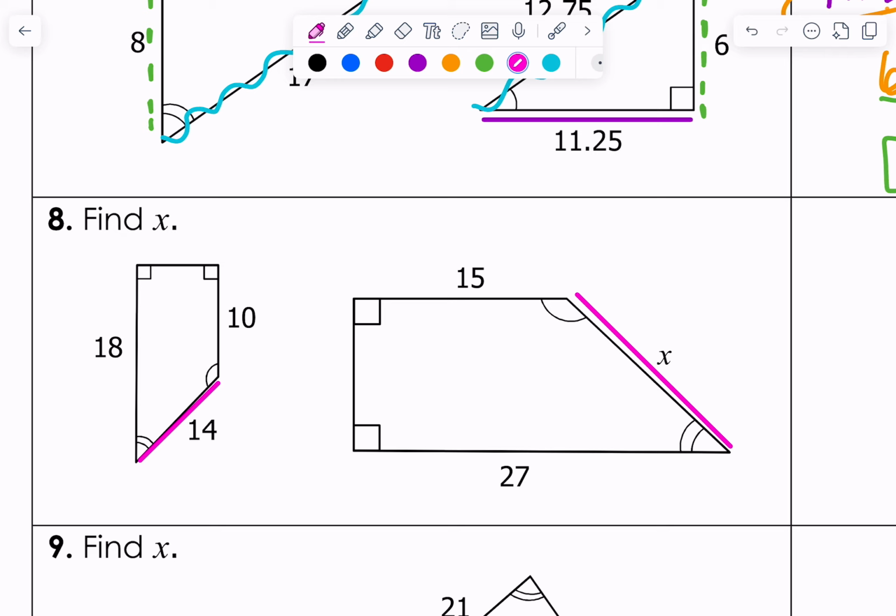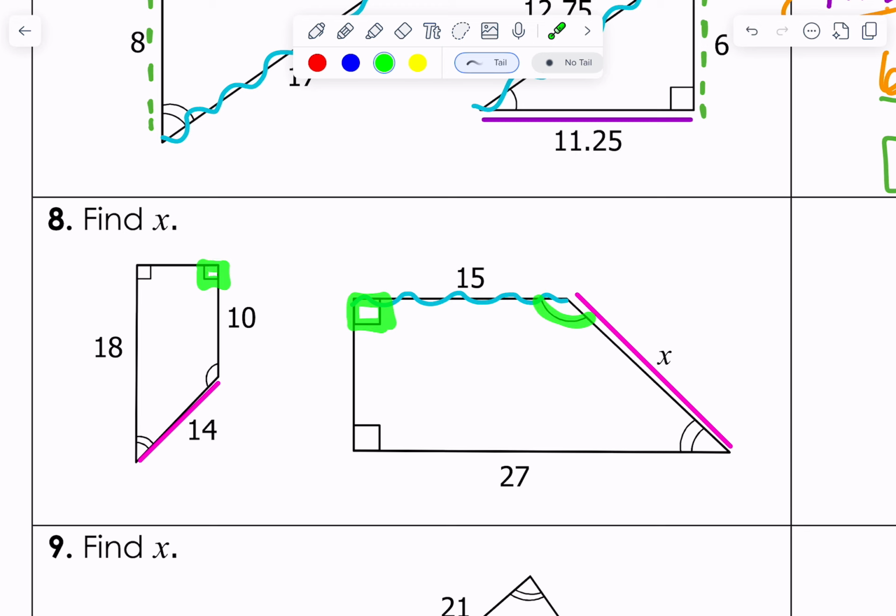Now, honestly, we have 3 other sides, but we really only need to worry about one. If I put a squiggle on the side with the 15, what does that correspond with? The 10 or the 18? What I notice is that the 15 connects the side with the right angle box and the one swoop.